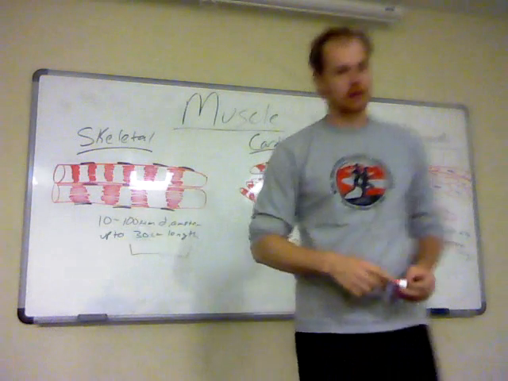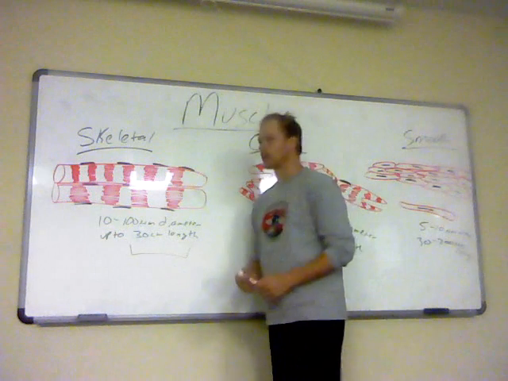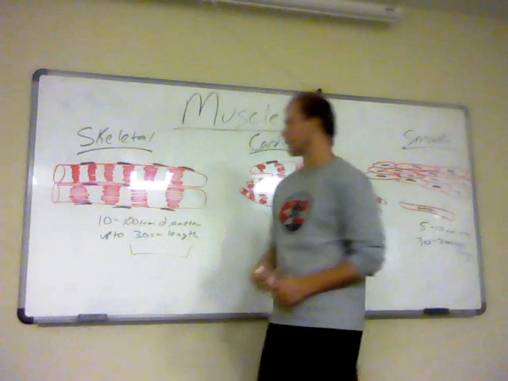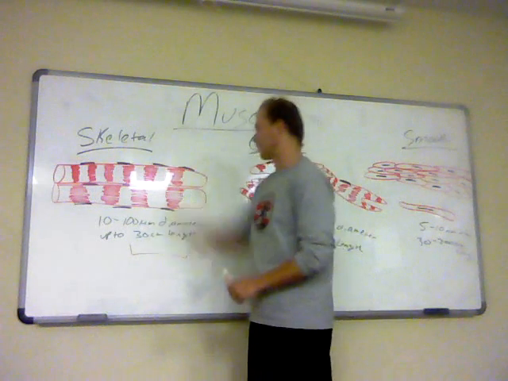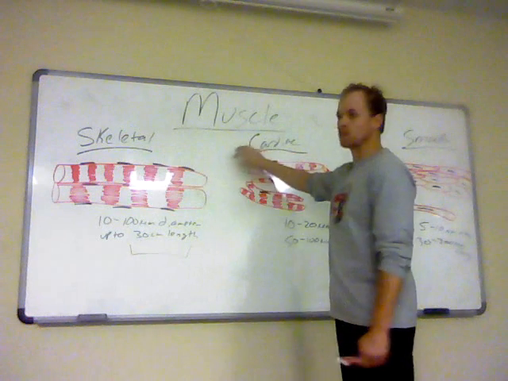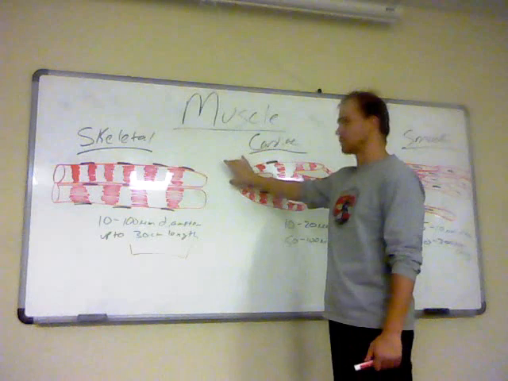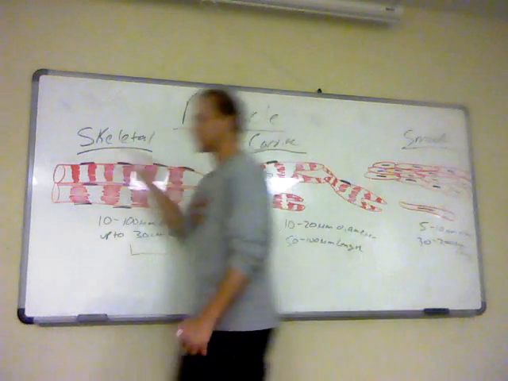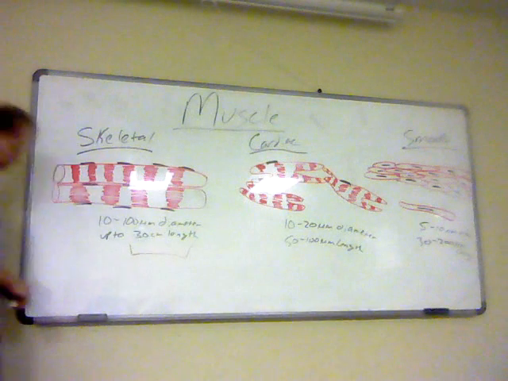That's advantageous as well because, remember, the whole point of the nucleus is to store DNA for protein synthesis. If we had one nucleus centrally located in that muscle cell, but we had to replace proteins that were 15 centimeters away from that nucleus, it would take forever to replace those proteins. So it's nice having all these various nuclei all over the place.